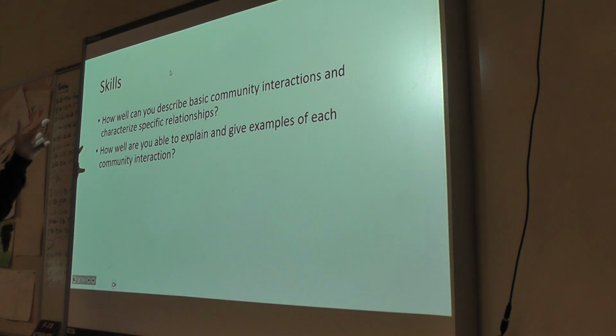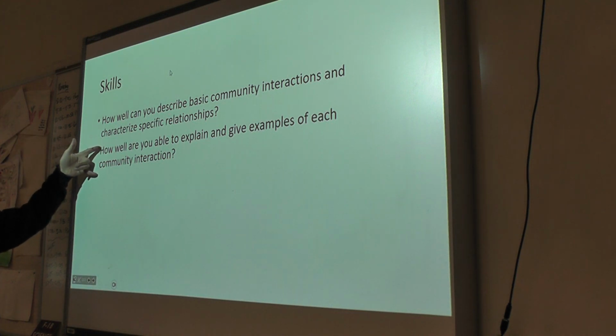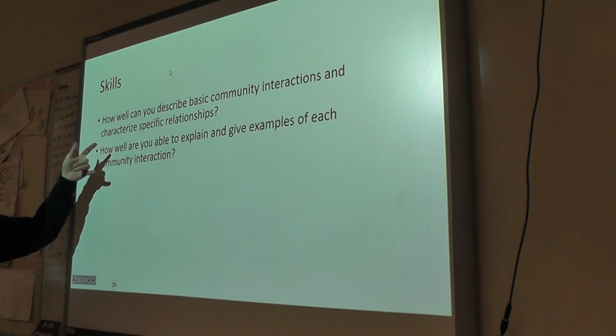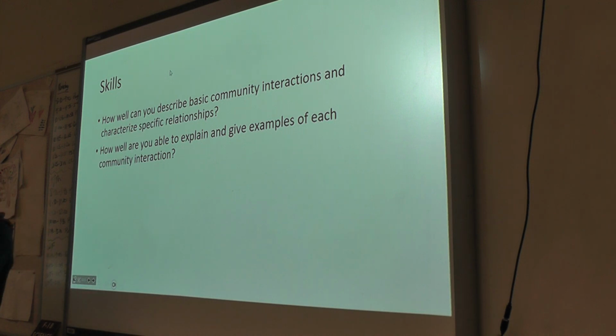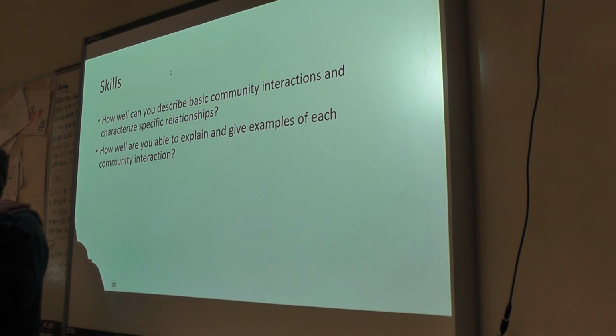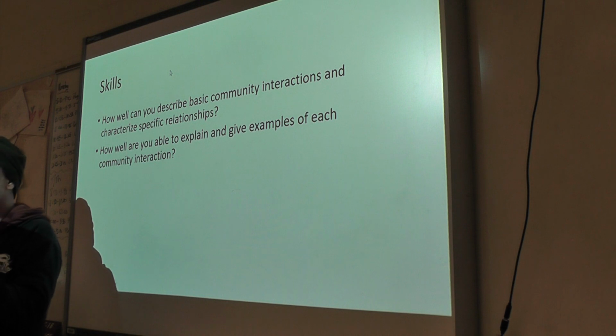And then the next thing would be, can you give examples? So if I were to ask you to give me an example of a mutualistic, symbiotic interaction, I would like you to be able to either give me a description of something real or even make something up. It's like memorization is not the key skill that we're working on in this class, but being able to apply your understanding is.